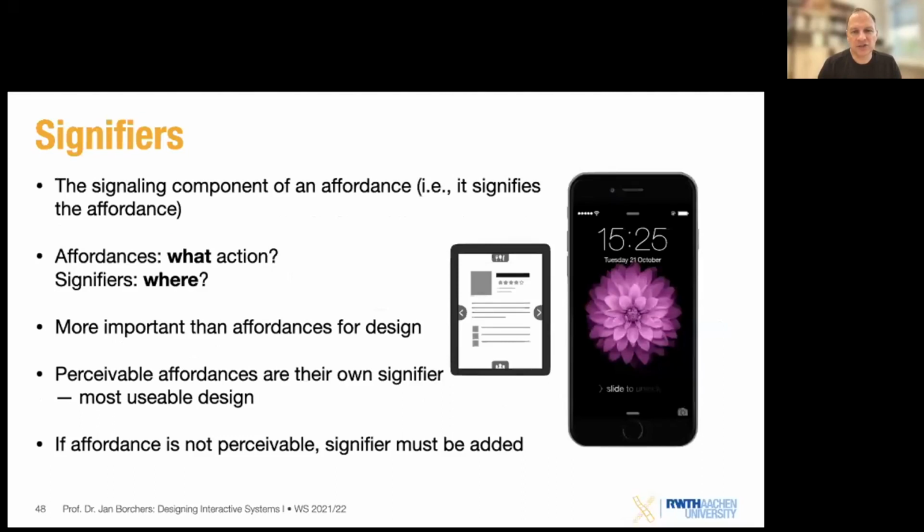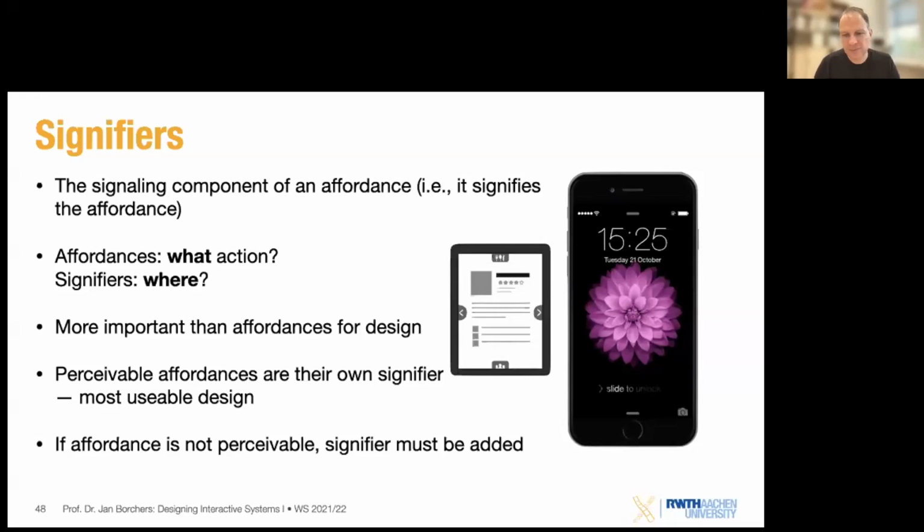And signifiers are the so-called signaling components of an affordance. So they signify the affordance. So the affordance says what action, like touch, and signifiers often say where, which button to touch, what gesture to do. And for design, signifiers may actually be the more important thing to think about than affordances.